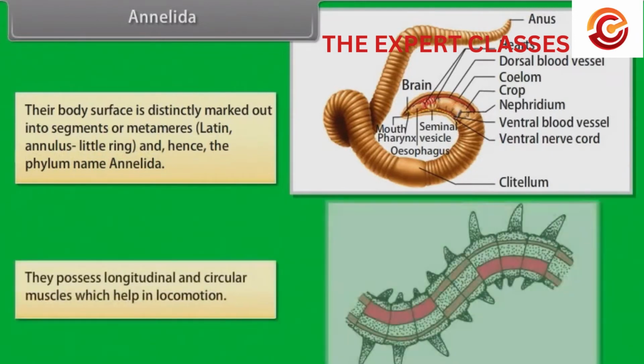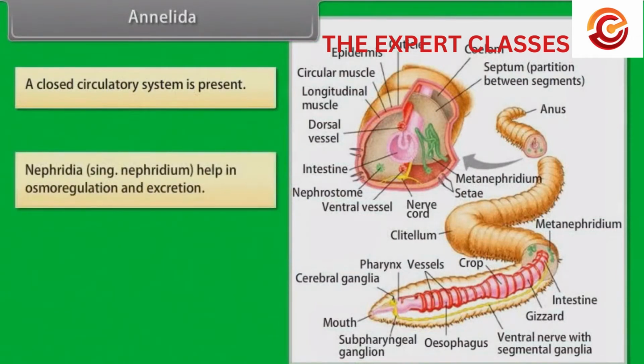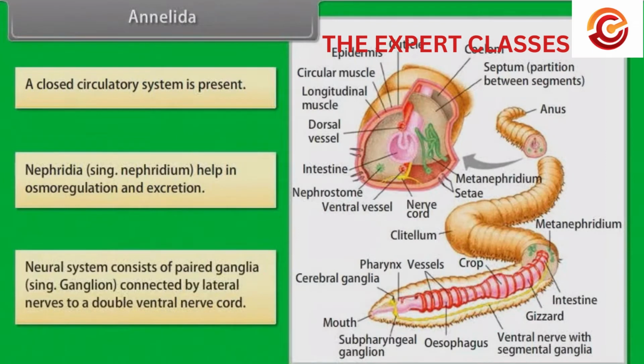They possess longitudinal and circular muscles which help in locomotion. A closed circulatory system is present. Nephridia, the singular of which is nephridium, help in osmoregulation and excretion. Neural system consists of paired ganglia, the singular of which is ganglion, connected by lateral nerves to a double ventral nerve cord.